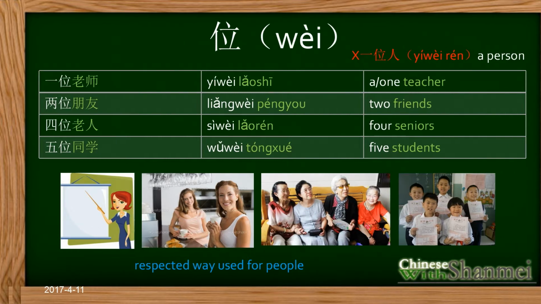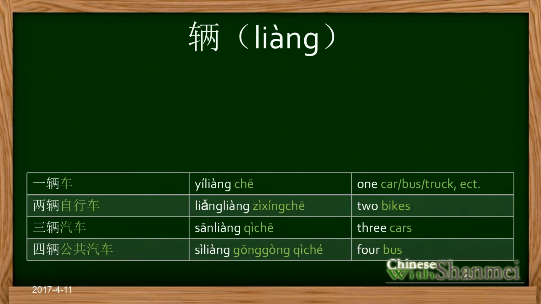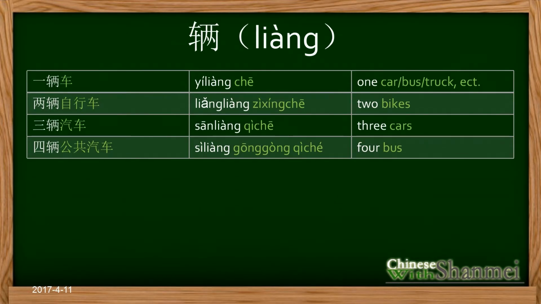Now let's take a look at 辆. You can read after me. 一辆车。Here, with the 车, we don't really know until we see the context. We can judge from the context whether the 车 means car, bus, or truck.